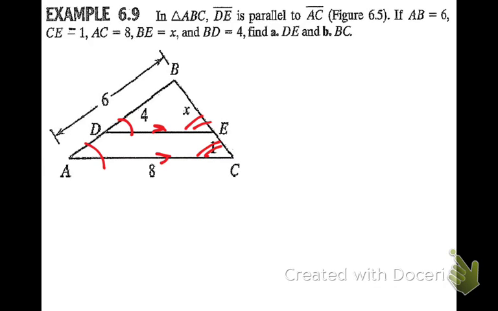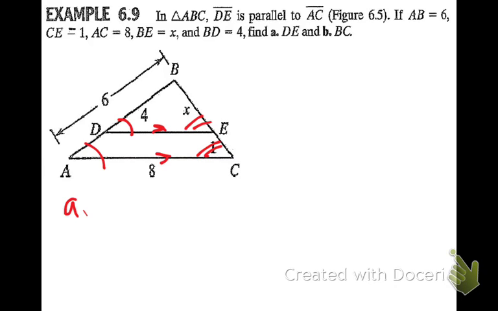All right, so let's find DE. Somebody set up the proportion that we could find DE. How would we set it up? So 6 to 4 equals 8 to x. Right. Okay. You could.